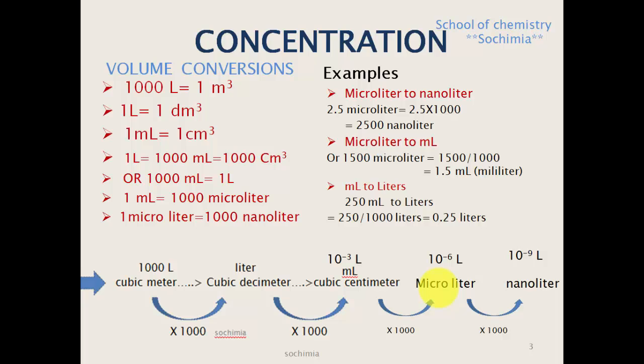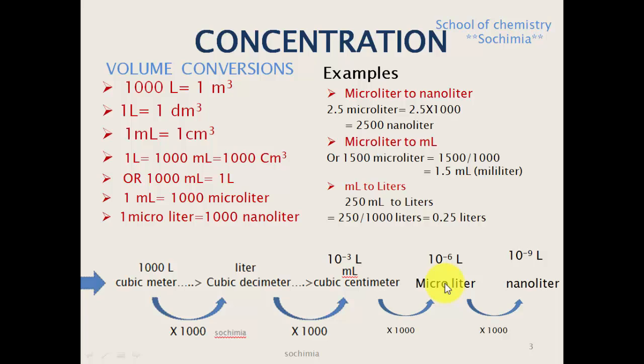So this whole sequence actually gives us a very detailed picture of how volume conversions are done when you are calculating solution concentrations. There are some solved examples as well. How can you convert microliters into, for example, nanoliters? Here we can see that nanoliter is a smaller unit and microliter is a bigger unit.